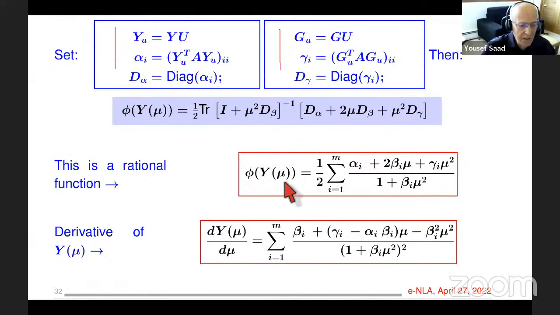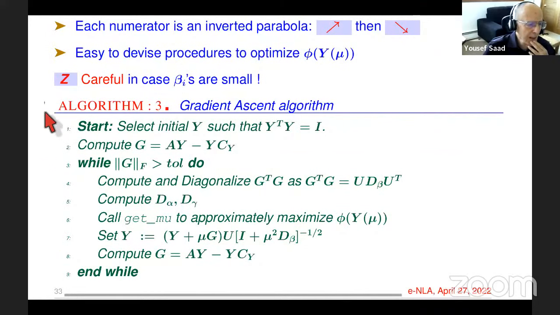In my case, I want to maximize. And because you know the derivatives, you know the shapes of these functions, each of these branches here. So it's very easy to come up with ways of maximizing this. And therefore you get this algorithm that I'm describing here.